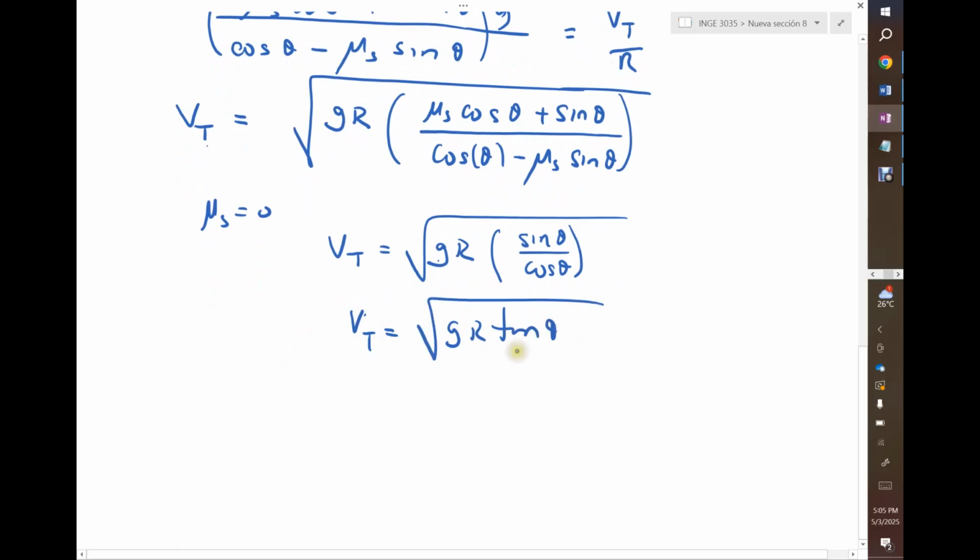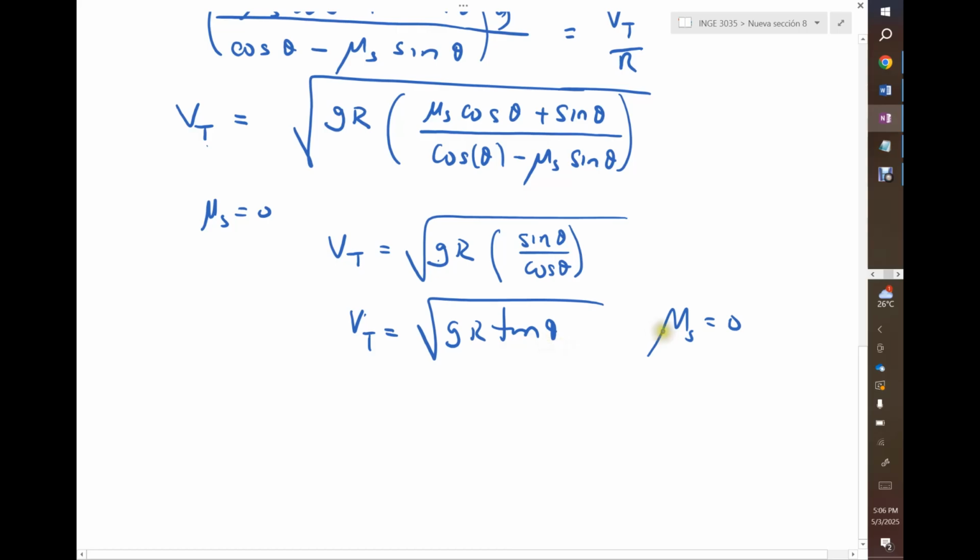So this is a simplification in the case of mu equals 0. In order to maintain the car within the bend curve, if there's no friction, you will have to have a certain angle. That's what this is saying.